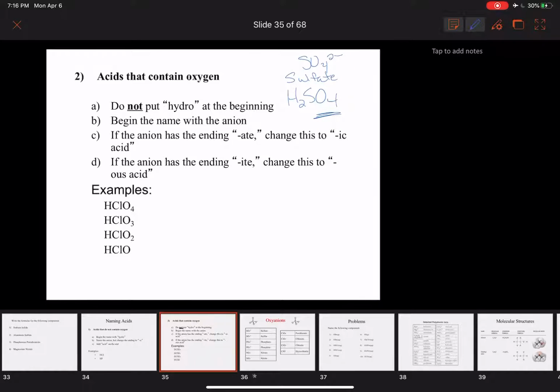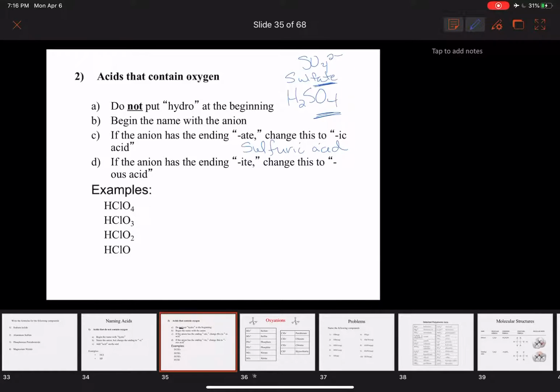So begin the name with the anion, sulfate, and C says if the anion has the ending ate, which we do right here, we're going to change this to ic acid. That's going to change it to what we would think would be sulfic acid, but no, it's sulfuric acid. Sorry about that little change there. I should have started with an easier one. That's kind of an anomaly there, but sulfuric acid.